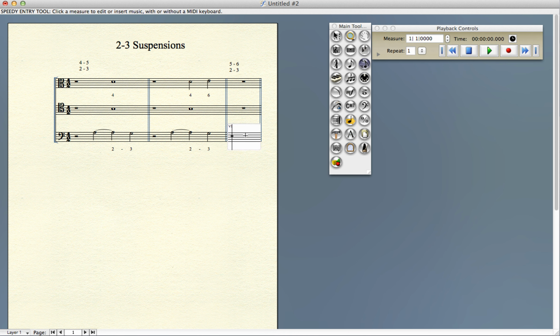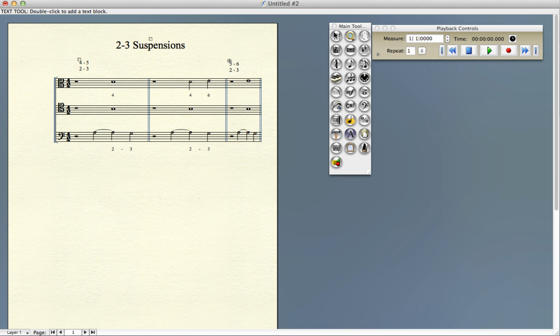So the suspension voice is exactly the same. Prepared, resolved down by step. It still has to form a 2-3, which means that the middle voice is still on a B here. But this time, the top voice is on an E.